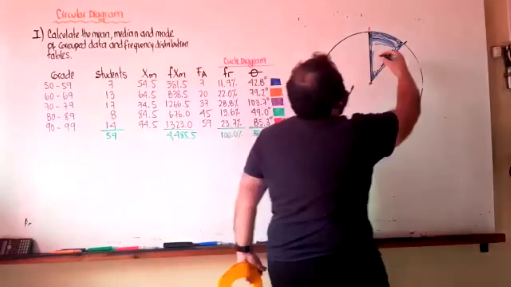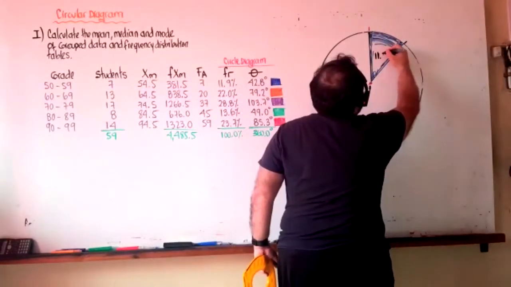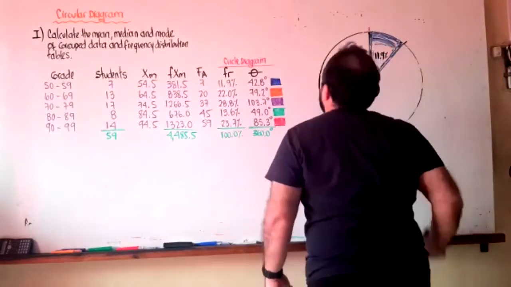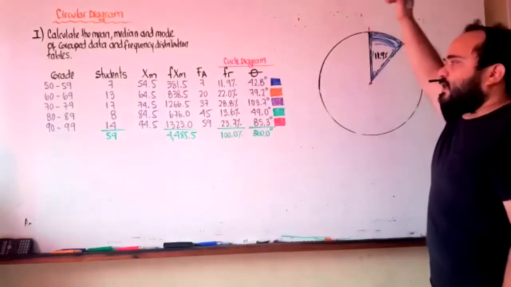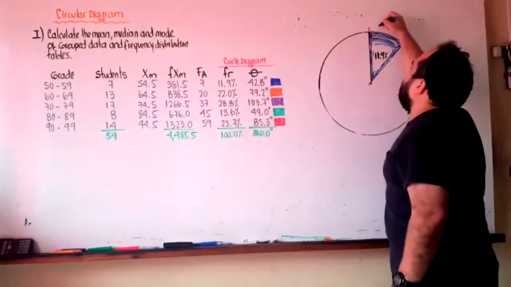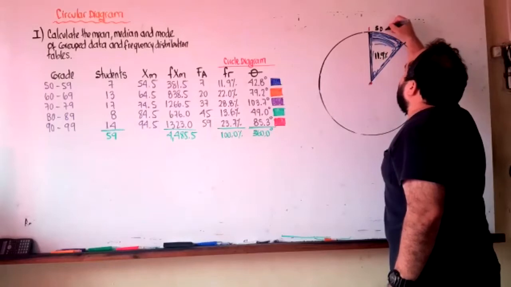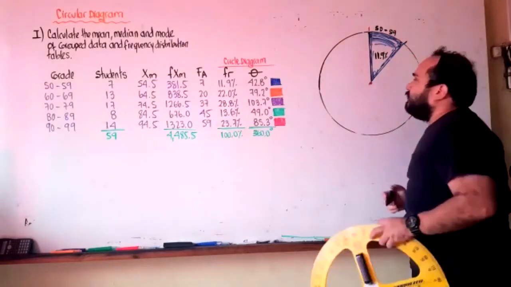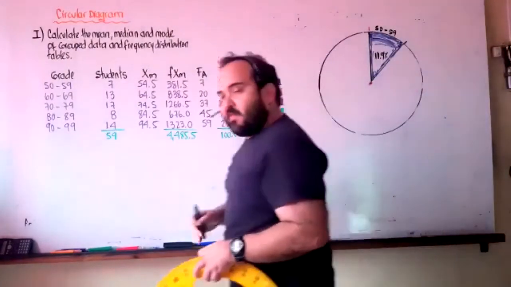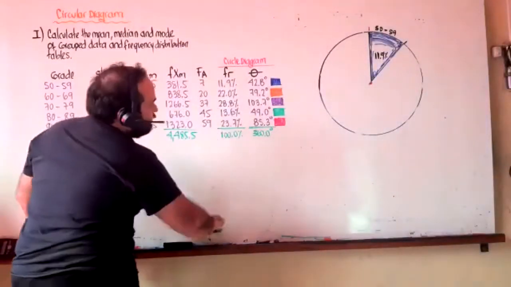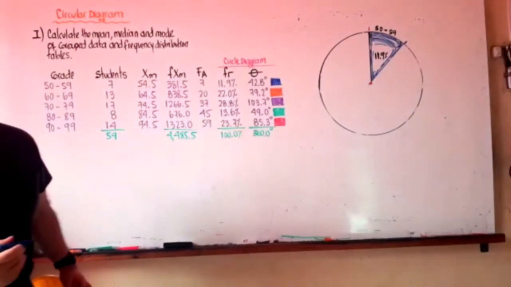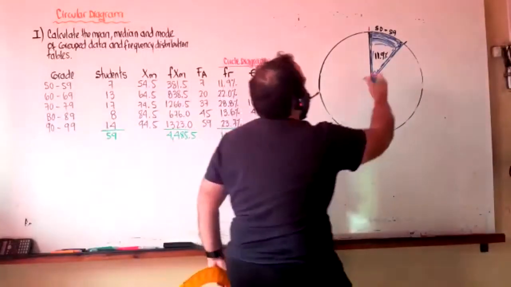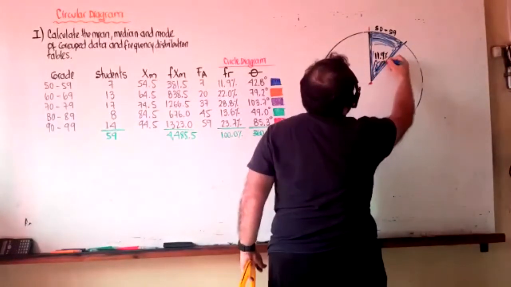It doesn't matter. And outside or inside the label, we can use the class interval, which will be 50 until 59. Understood until this part? Are we here? Yes? All right then. Let me finish painting that one.